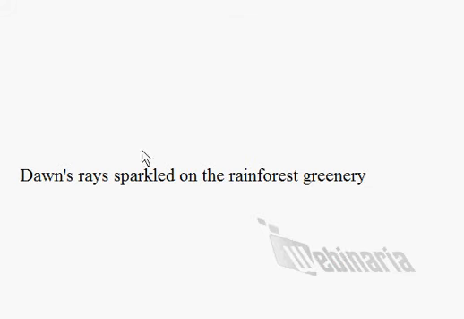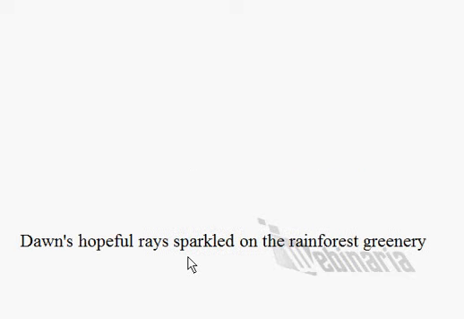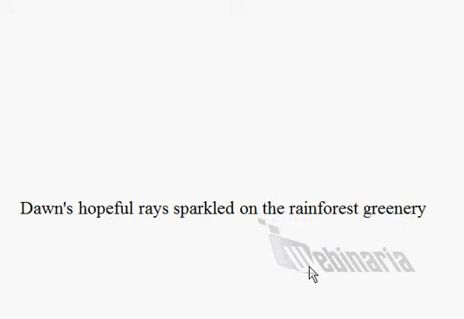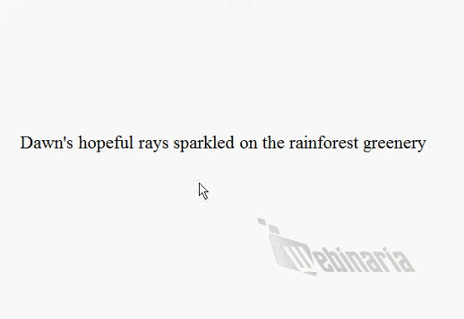Now, let's make this more positive. So let's put an adjective here. Let's see, we could put an adjective between dawn's and rays. So, dawn's positive rays. Dawn's wonderful rays. Dawn's hopeful rays sparkled on the rainforest greenery. Okay, so here you see it's getting more positive, yeah, and we've got a huge amount of detail.